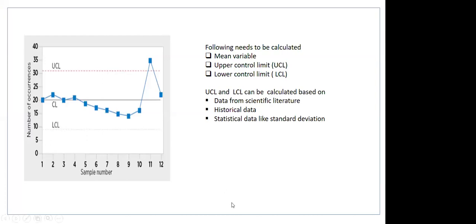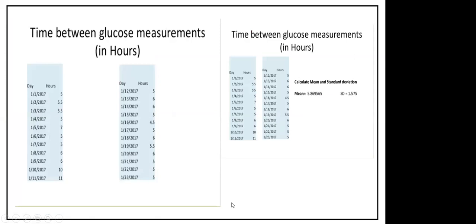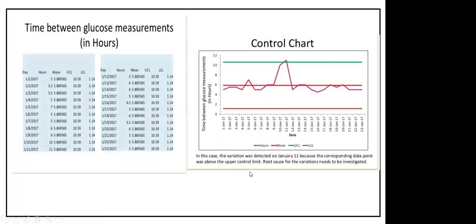So here I am showing an example of glucose measurements: day, hours. You can see the glucose measurements and the time between the glucose measurements. First I take the mean and then take the standard deviation. Then you can see the control chart.